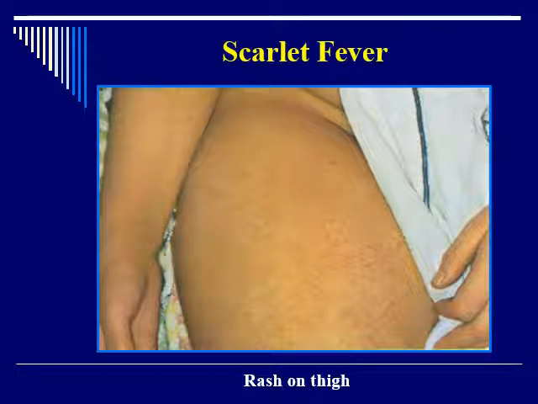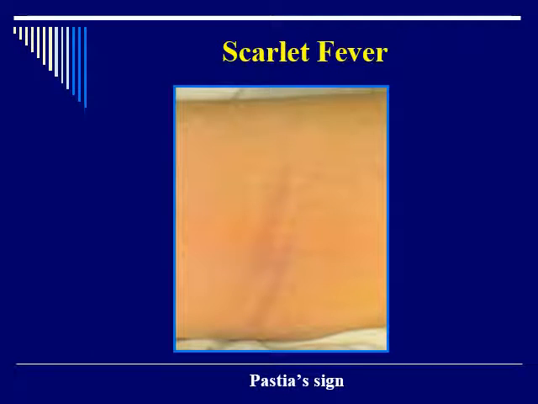The same rough, punctate skin is seen over the trunk and the extremity. This picture shows the Pastia sign, transverse dark lines.